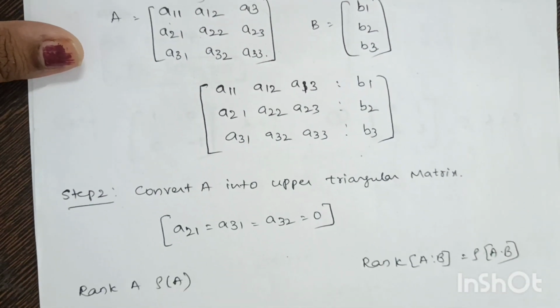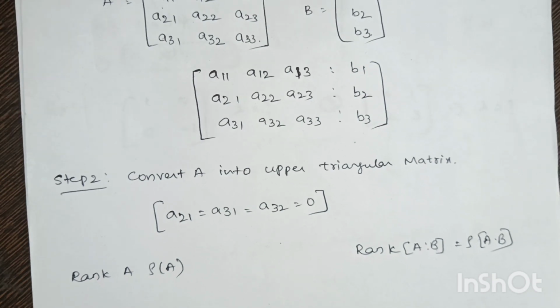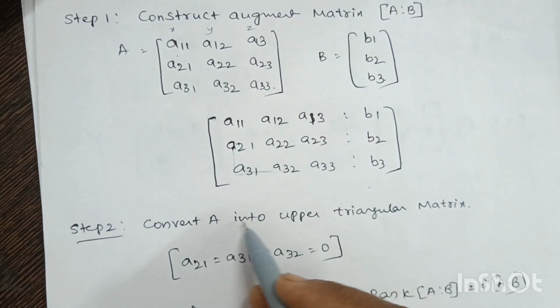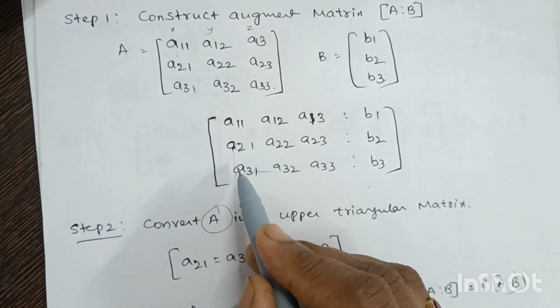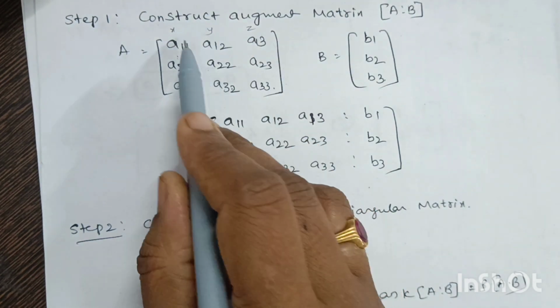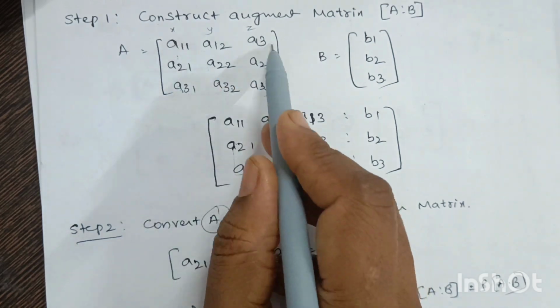After that, convert A into an upper triangular matrix. Upper triangular matrix means the lower three entries of A should be zeros. In the A matrix, we need to get zeros at a21, a31, a32, so that it is converted into an upper triangular matrix.